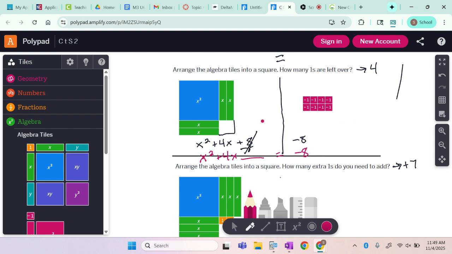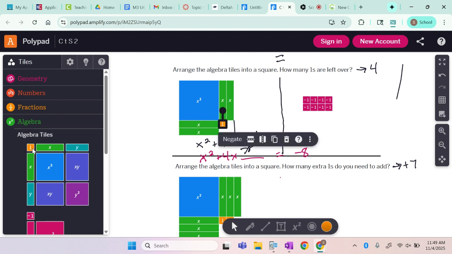Now, how many squares did I have to put in here to complete the square? So in order to make a perfect square, 4. So I'm going to drag and drop 4 squares in here. Now, how do you understand that's 4?